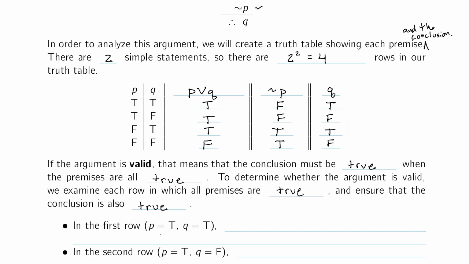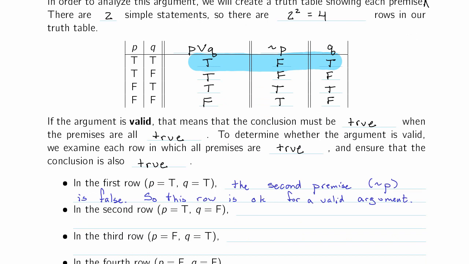In the first row, where P is true and Q is true, well, in this row, we see that our second premise, not P, is false. Since one of our premises is false, well, this row cannot tell us that the argument is invalid.